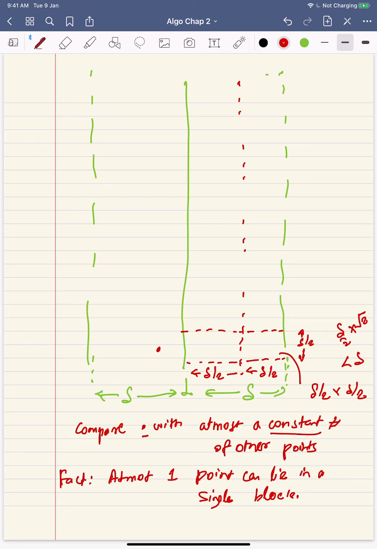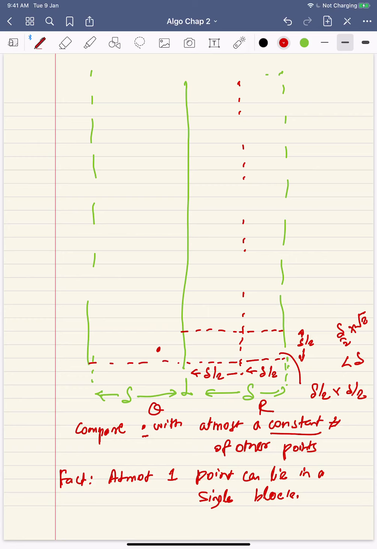I know the minimum distance across Q and R is delta, so I can never have more than 1 point in a single block. Great.